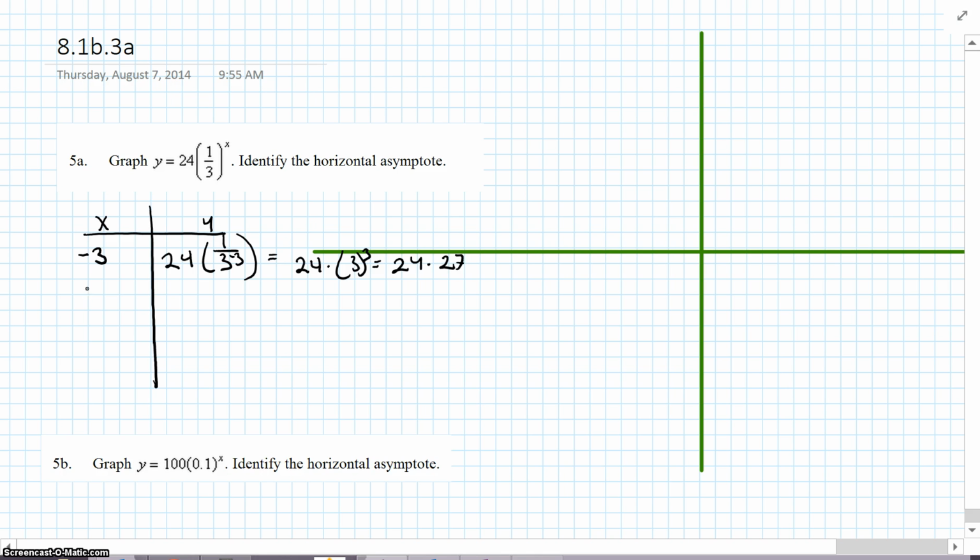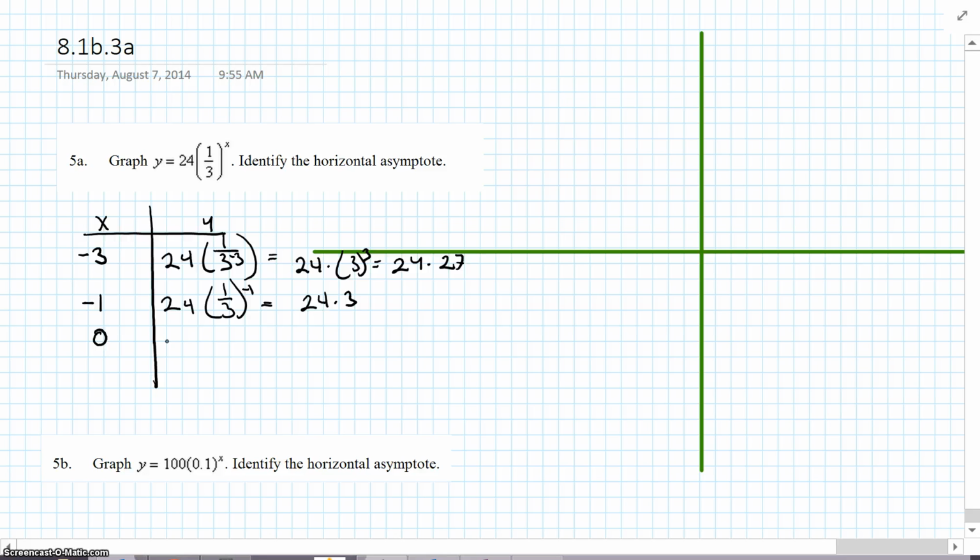So let's try when x equals -1. y is going to be 24 times 1/3 to the -1 power. Okay, so that's just going to be 24 times 3. It's still a pretty big number.